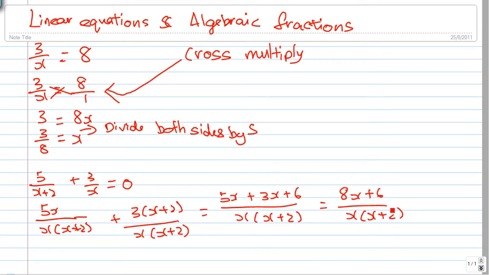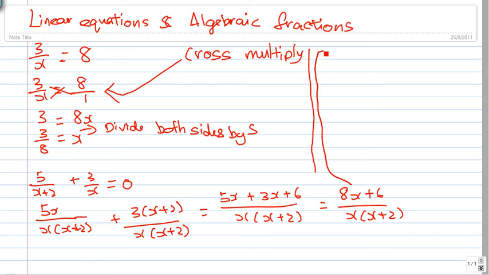Now, this whole function here is actually equal to 0. Let me just continue here, squeeze a little bit.